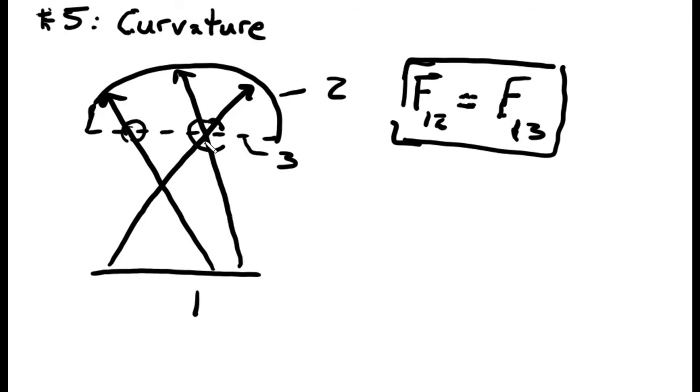So the amount of heat hitting 2 is the same as the amount of heat hitting 3. So the view factors are the same. That's the curvature rule. And it only works going into the concave surface. So the view factor from 3 to 1 isn't necessarily the same as the view factor from 2 to 1 because 2 sees itself, but 3 does not see itself.